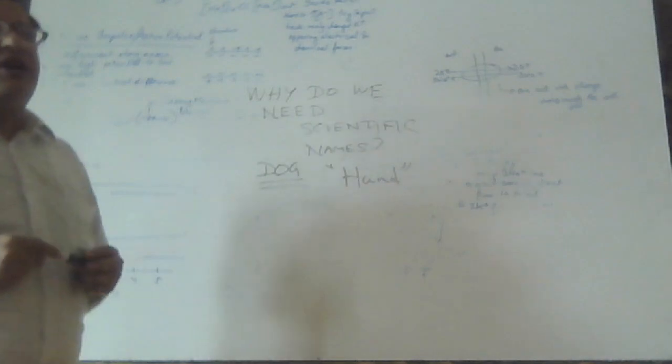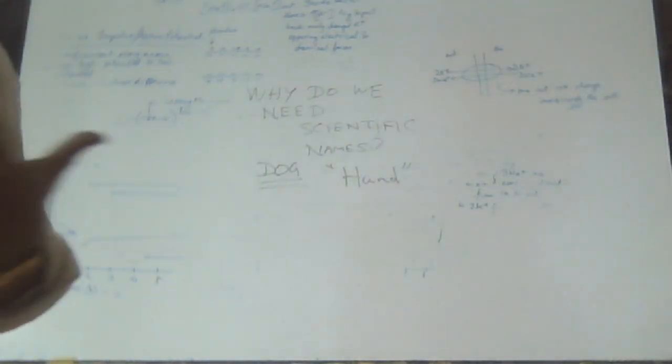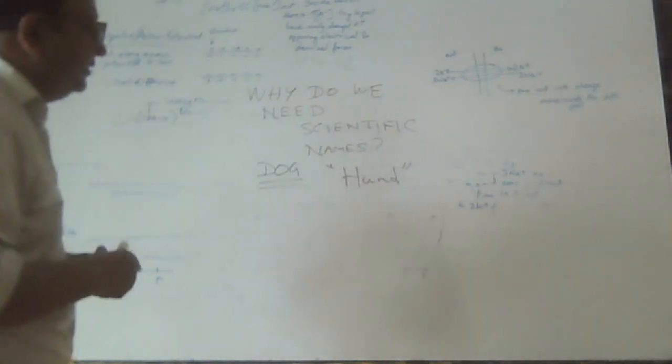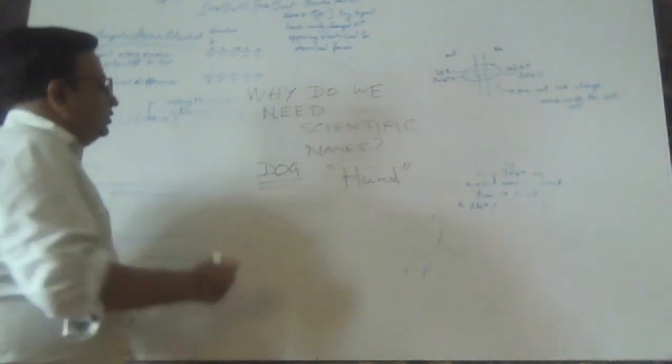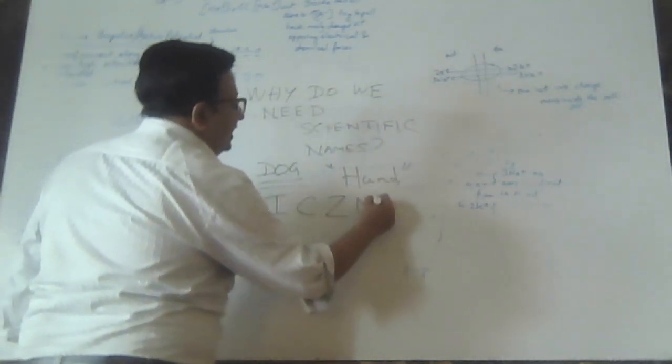So the committee, all the important zoologists all over the world, connected in one place and decided that we must have a uniform nomenclature. And that was the ICZN.